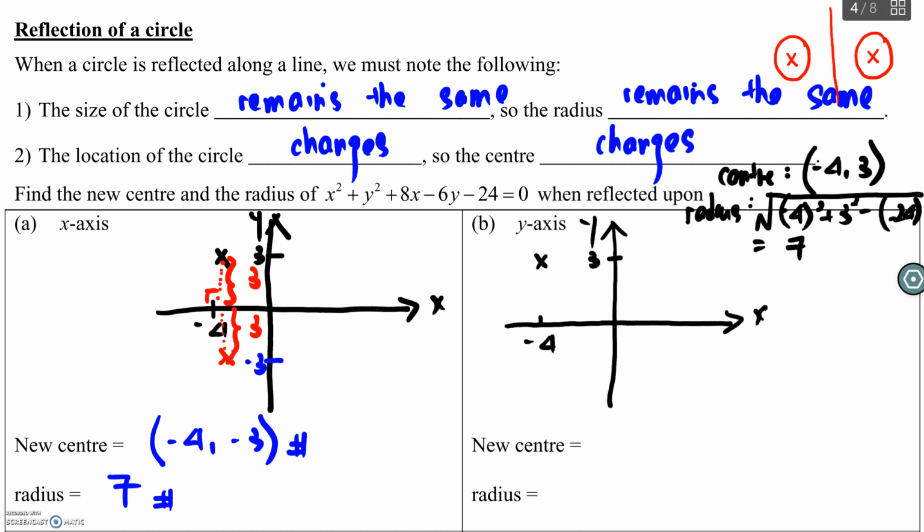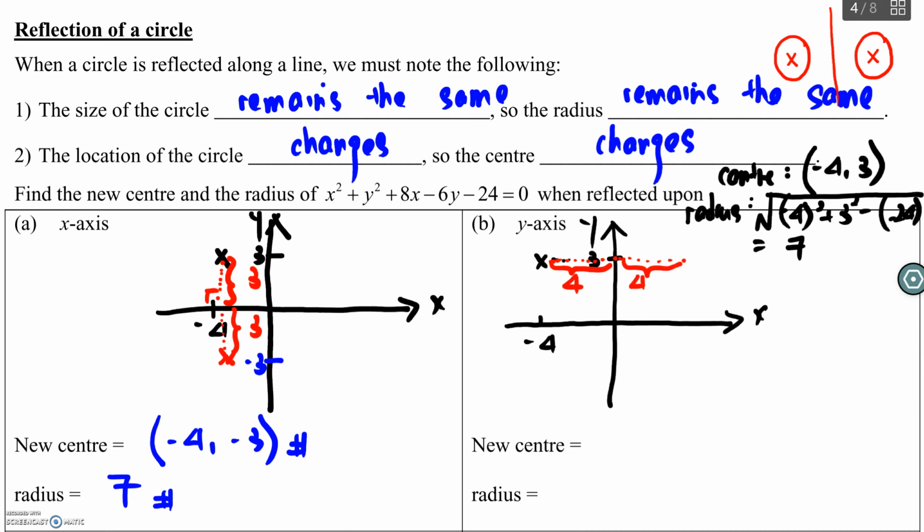So we will need to take note. Prior to the reflection line or before the reflection line, what is the distance away? There is a total of 4 units before the reflection line. This means to say that it will also appear 4 units after the reflection line.